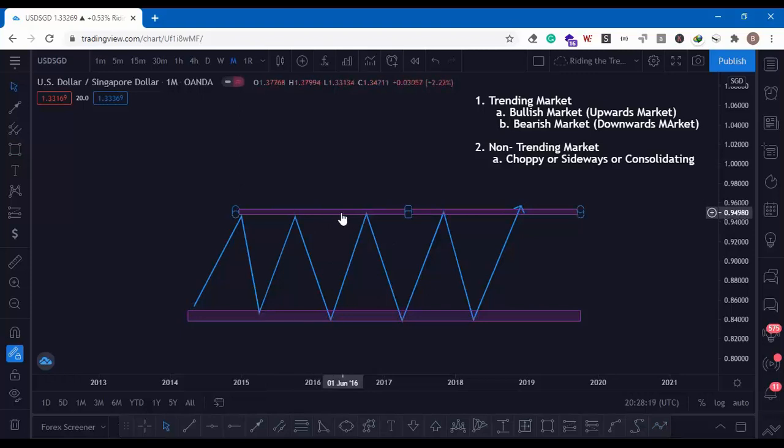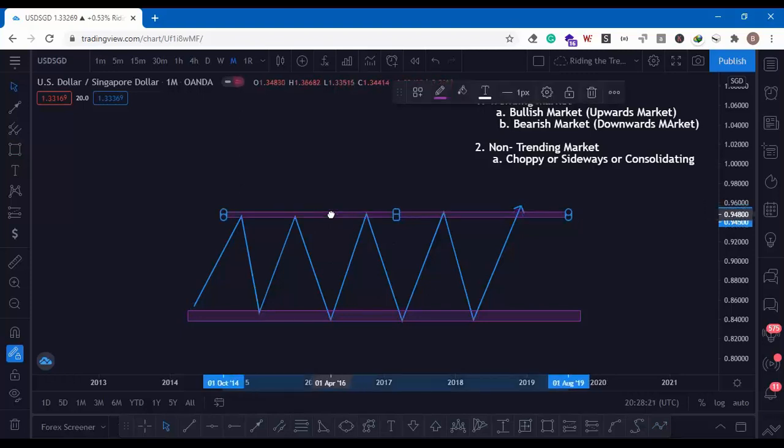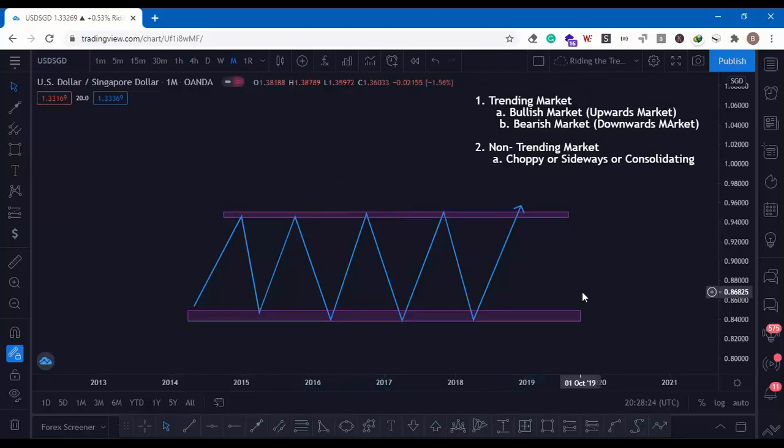And when we come to analyzing further, we'll look at how we trade in the various scenarios.